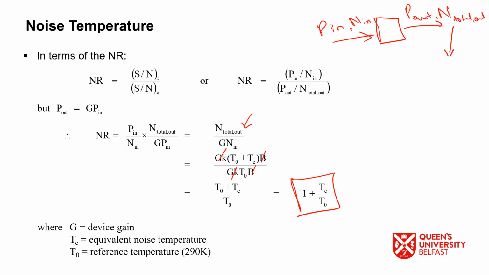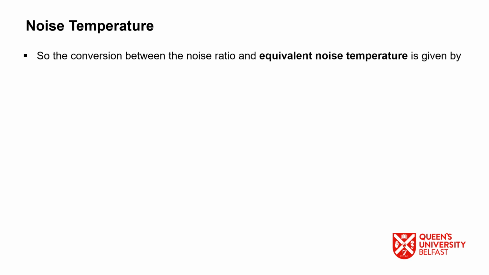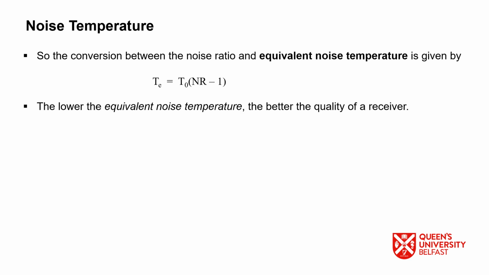Generally it is taken as 290 Kelvin, but it's up to an engineer whatever reference temperature the engineer feels like selecting. So the conversion between noise ratio and equivalent noise temperature is given by TE is equal to T naught (NR minus 1). If you do a little bit of maths from the equation that we formulated in the last slide, you will get to this result.